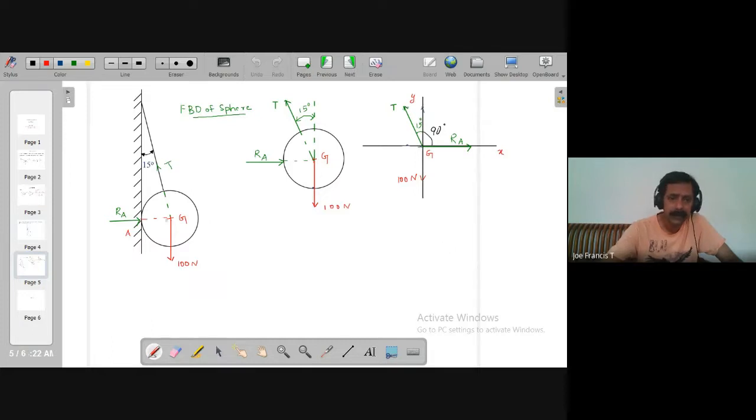So you have this problem here. We identified the forces, we have drawn the free body diagram, and we have marked all the forces. Now, suppose you're going to solve it using Lami's theorem.